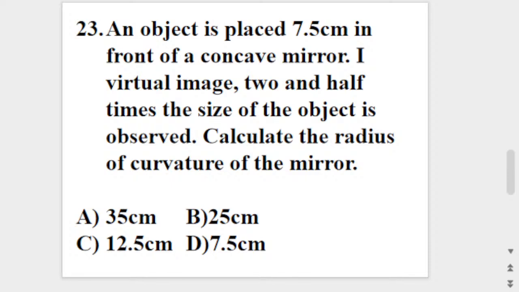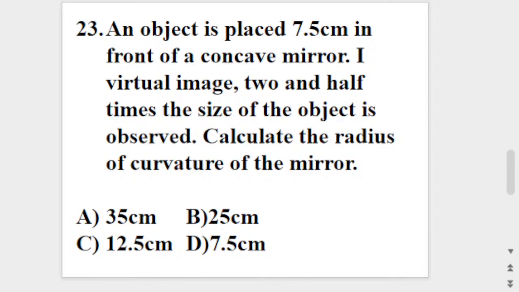Okay, and please pay very good attention here. An object is placed 7.5 centimeter in front of a concave mirror. By the way, a concave mirror always has a positive focal length. So we know that the value we are going to get is going to be positive. The essence of knowing that is if you do the wrong thing and you are not getting a positive answer, you will know that you are wrong, because a concave mirror always has a positive focal length.